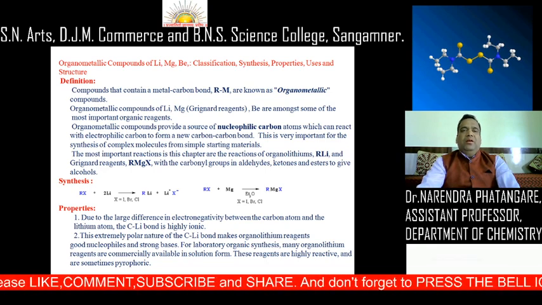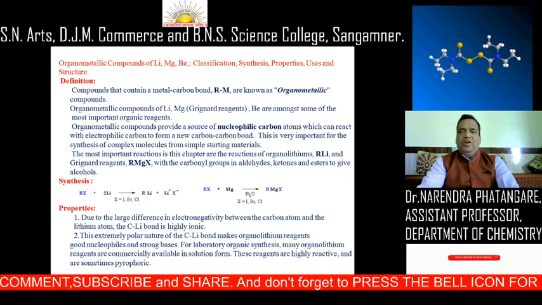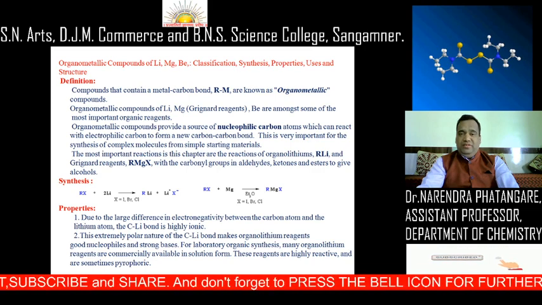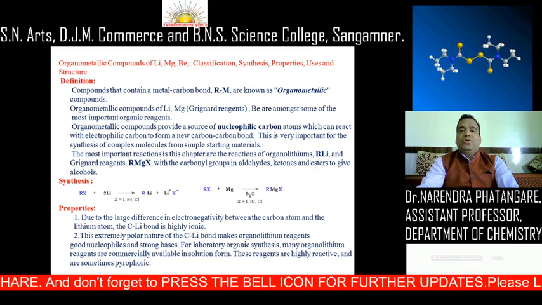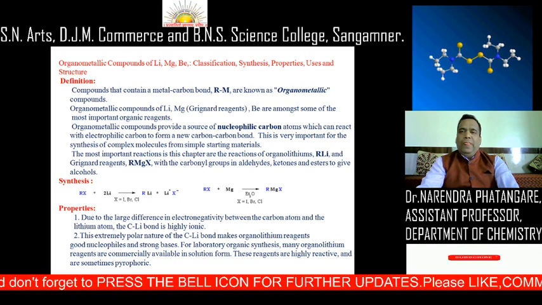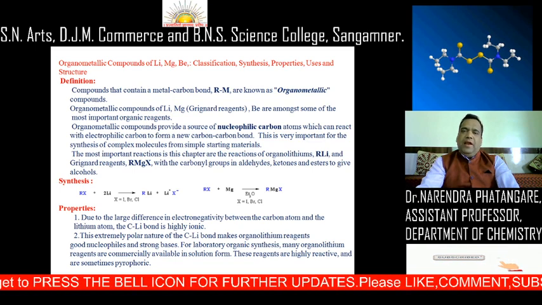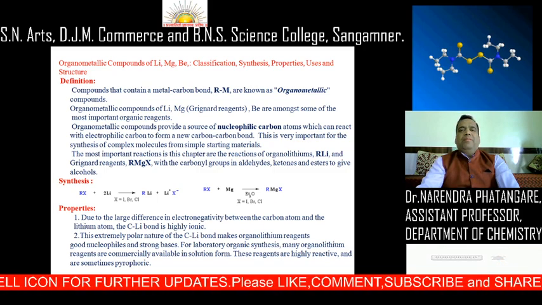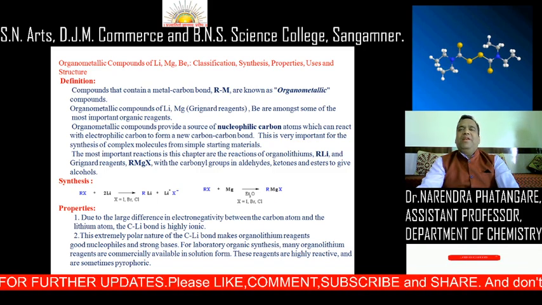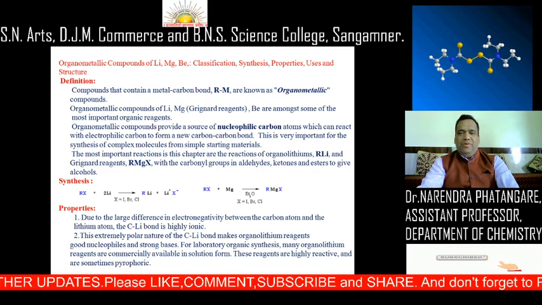Then comes the important role of organometallic compounds. These alkali and alkaline earth elements play a very important role in organometallic chemistry. In the early era of organometallic chemistry, lithium compounds, magnesium compounds, and beryllium compounds were considered organometallic compounds.